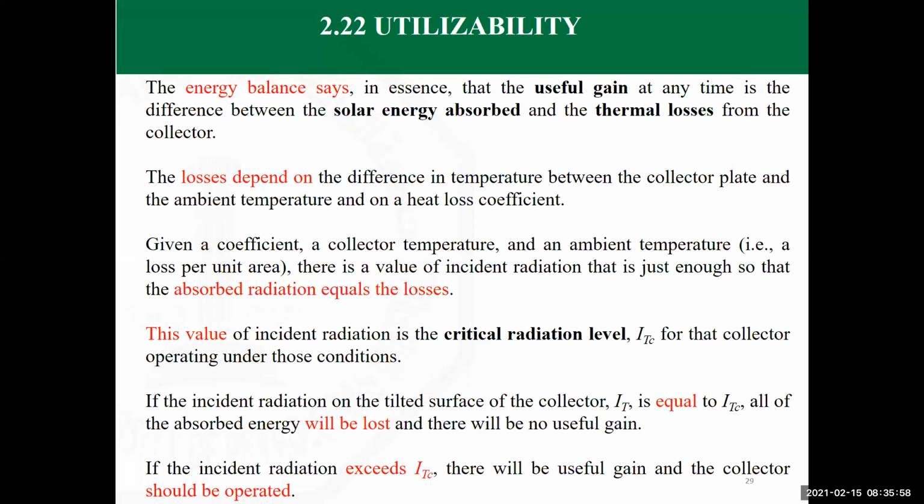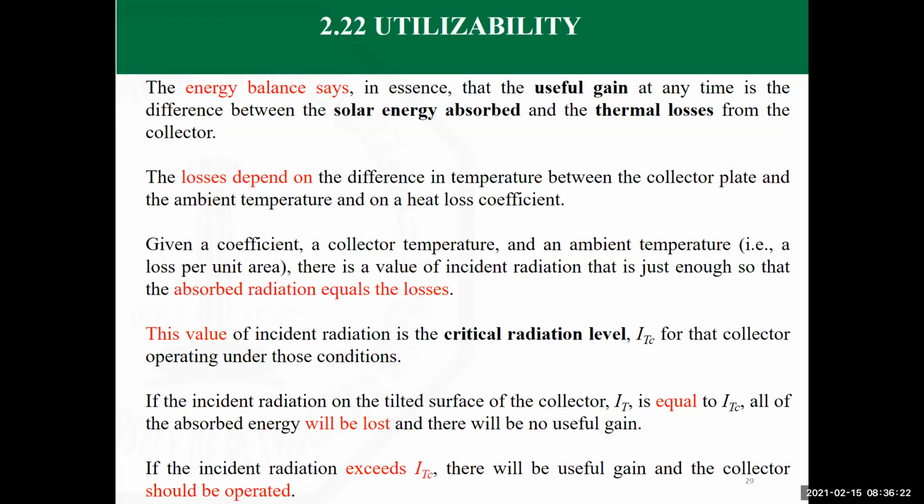When we are using a solar collector, it is receiving solar energy from the sun and it gets heated. So its temperature increases. Because the temperature increases, it becomes greater than the ambient temperature around it. So it will start to lose energy to the surroundings, mainly by convection.